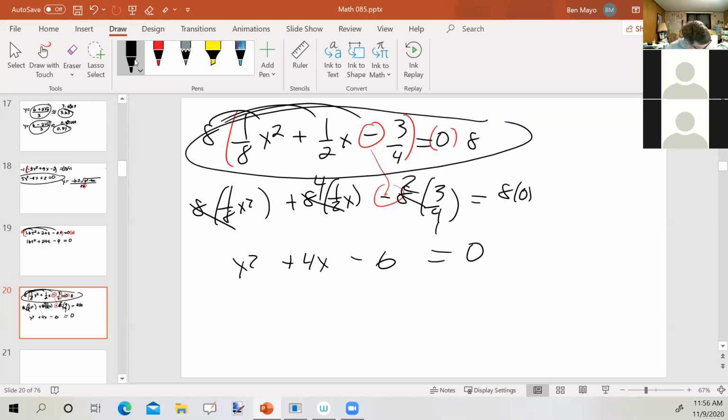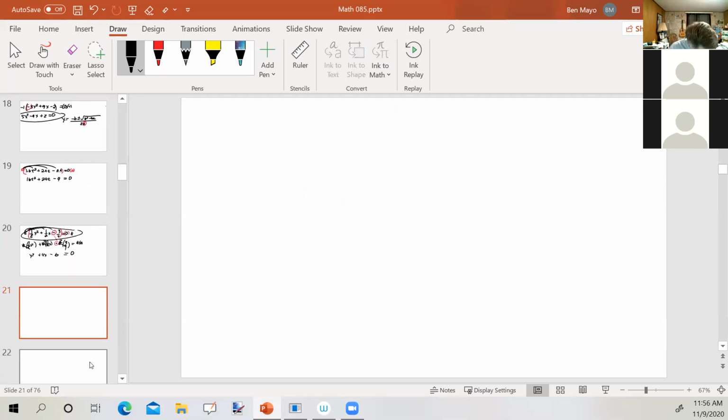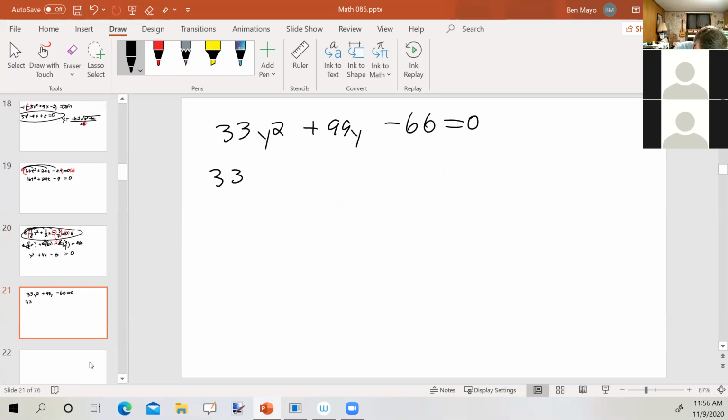Okay. And finally, let's say we've got something like this: 33y squared plus 99y minus 66 equals 0. Well, we don't have any fractions or decimals, but we could still make these numbers nicer. We could make them smaller. We could factor out a 33.